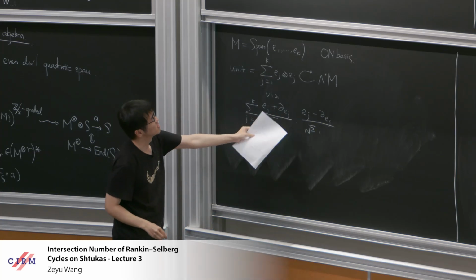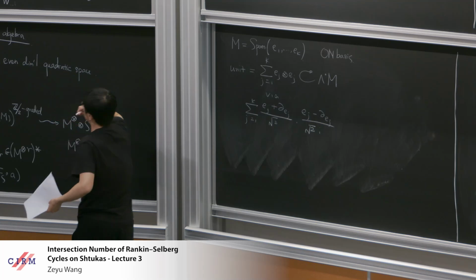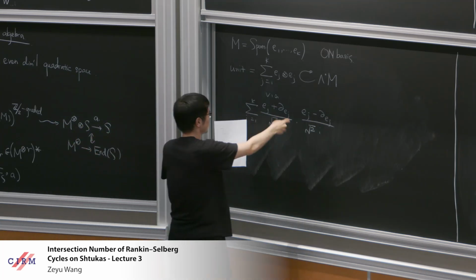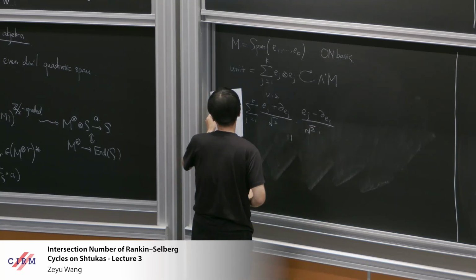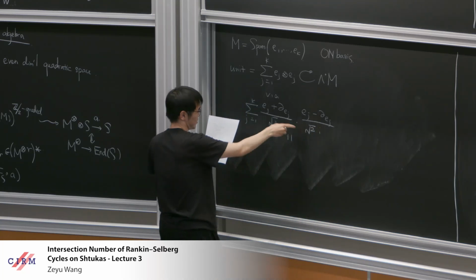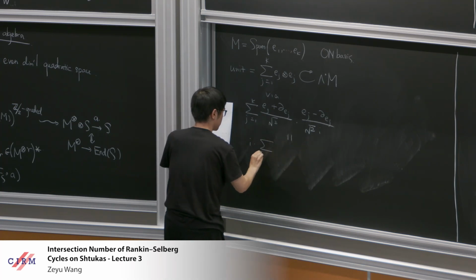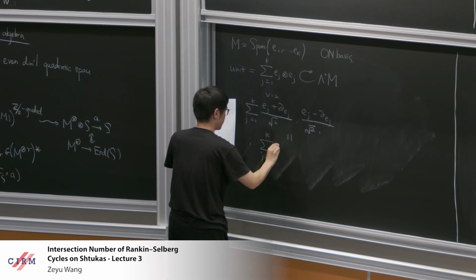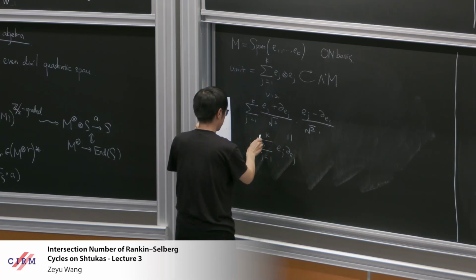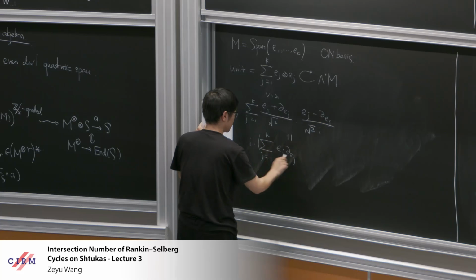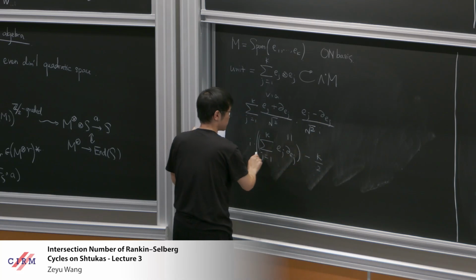So that's just the action, and this is really equal to i times the sum from j equals 1 to k of e_j, minus k over 2.